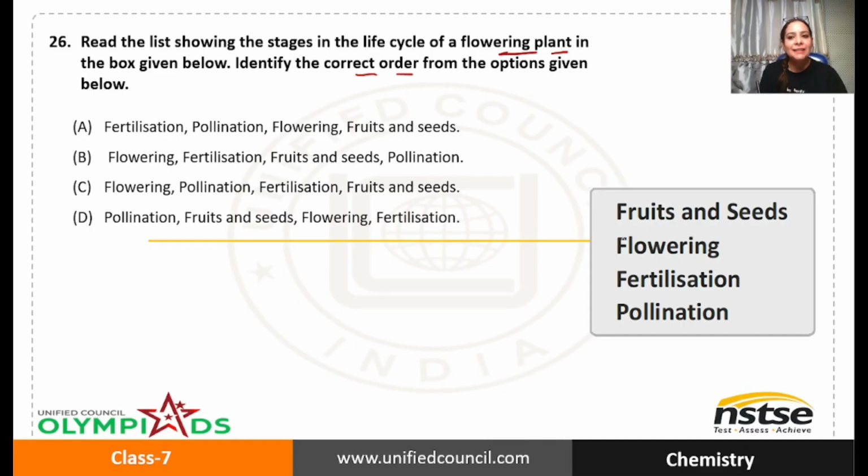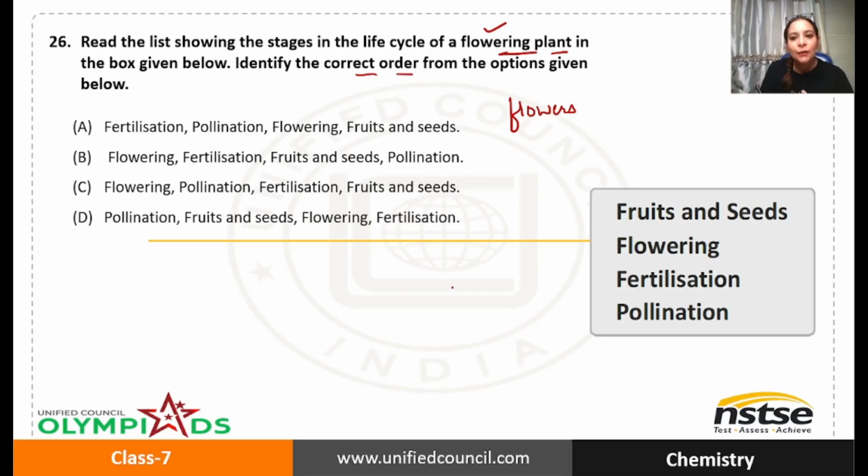So before we get started, I would really like to recall the concept. When I talk about flowering plants, what do we mean by flowering plants? Flowering plants are those which bear flowers. And in all the flowering plants, there are certain stages which occur in order.